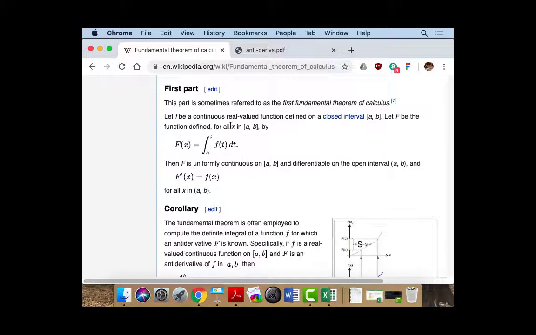So this should be accumulation due to a rate, f of t, where we look at accumulation starting at a and going through x. Now what this says down here is that then the derivative of capital F is f of x. Okay, so if F is defined this way, then F's derivative is this expression here.